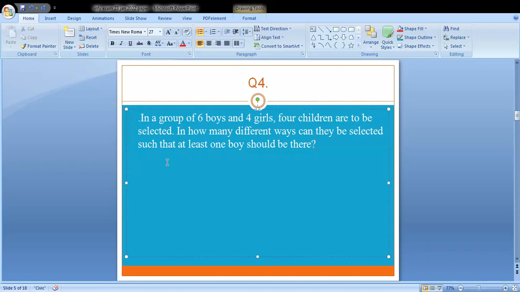There are 6 boys, and at least one boy can be there, and the remaining can be girls. Totally, we want 4. There are 4 girls. From 4 girls, we will select 3. So we have one boy and 3 girls.